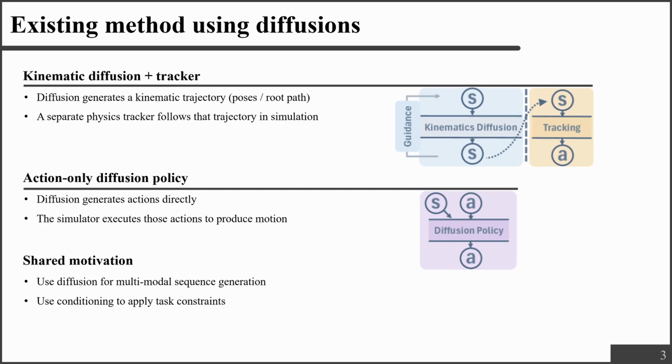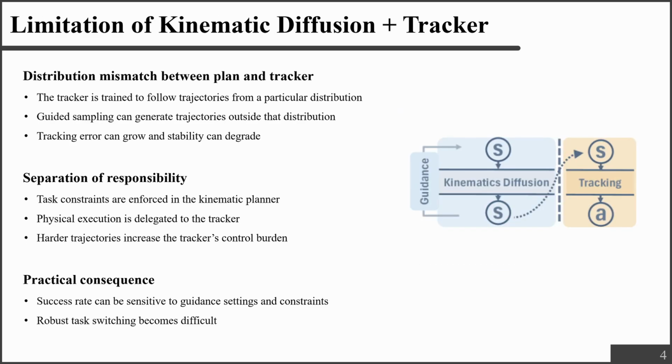Both families attempt to combine task conditioning with physical plausibility, but they fail in different ways, especially when constraints are applied at inference time. The core limitation is distribution mismatch. The tracker policy is trained on trajectories that arise from its training data and training procedure.